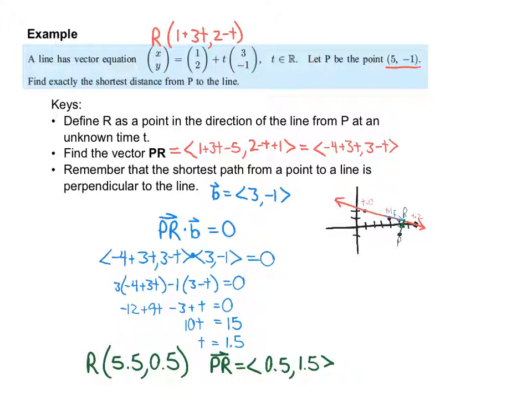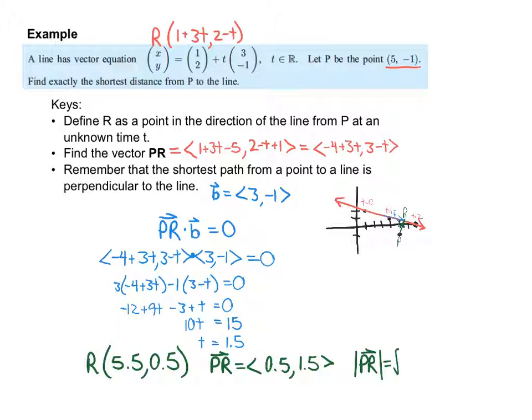So wait, you just plug in t to the vector? How do we find the length of a vector? What's another name for that? Magnitude. Magnitude, okay? So if I need to know the length of PR, I need to find the magnitude.